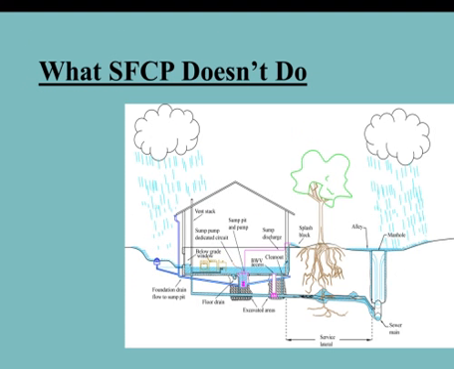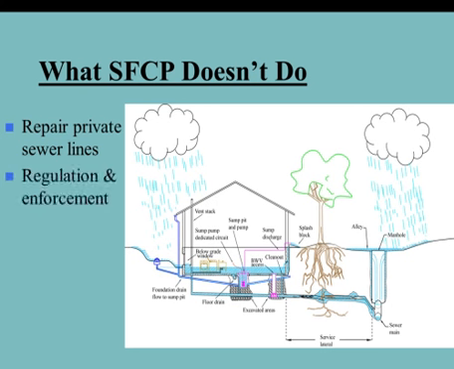What we don't do, we don't fix private sewers. We're not a regulation and enforcement agency. This is completely voluntary. We will make suggestions. And finally, we can't say we're going to solve all flooding problems.